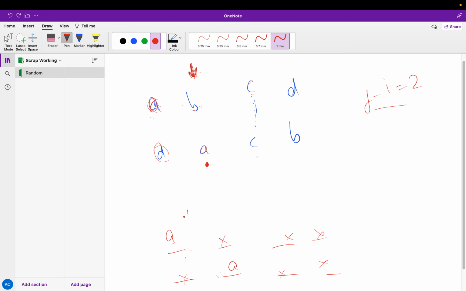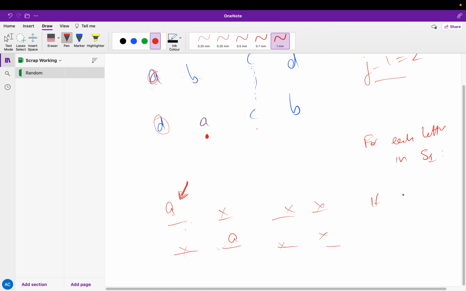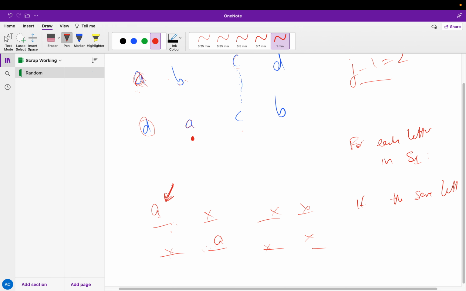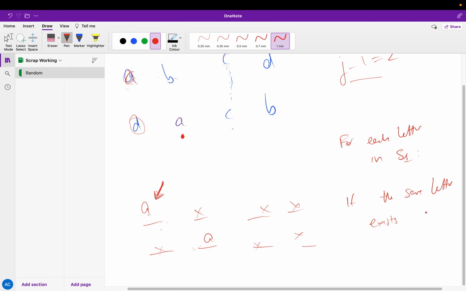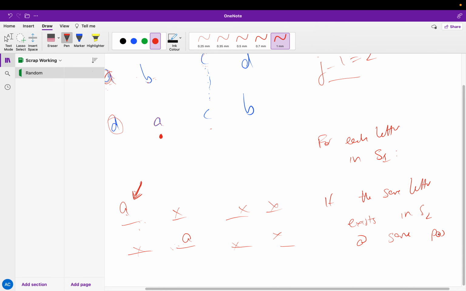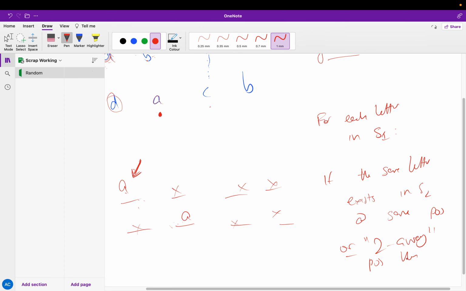I think, for each letter in the original string S1, if the same letter exists in S2 at either the same position or at the 2 away position, then no worries.